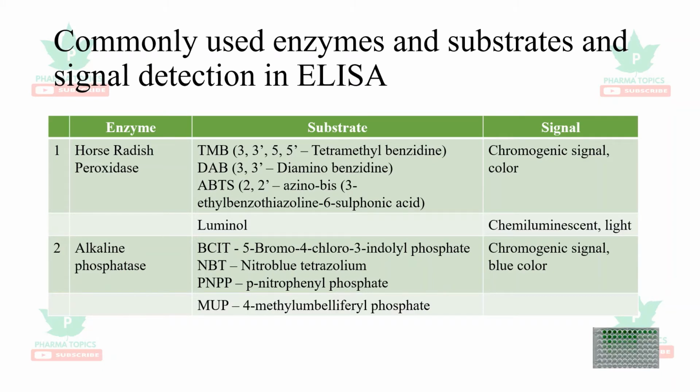All these are chromogenic in nature. They give color. The next is luminol, which is chemiluminescent and produces light. Then alkaline phosphatase. Several substrates are available like BCIP, NBT, paranitrophenyl phosphate or 4-methylumbelliferyl phosphate. They give a blue color.